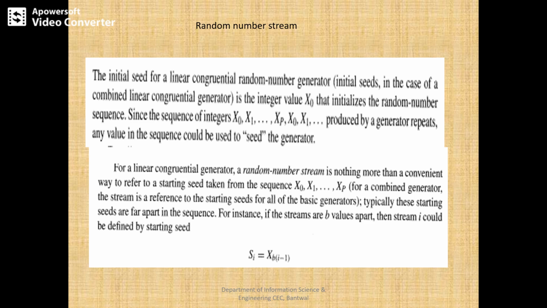So this way we define the random number streams. In this case, for i equal to 1 to P divided by b, the value of P assumed was 10,000 for the older generators, but b would be 10 to the power 37 for a modern combined linear generator.